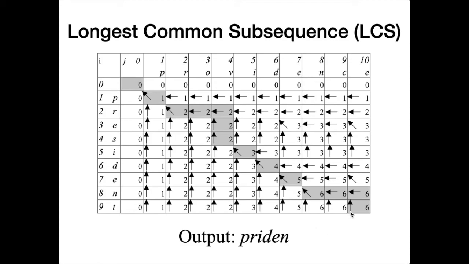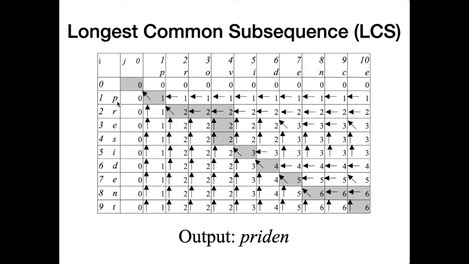So, let's try to follow the arrows. So, going up, tapos left, left, diagonal up, and so on. Okay. And note that from this highlighted parts of the matrix, may mga elements that has a match. And that is the longest common subsequence. We do it symbol per symbol.